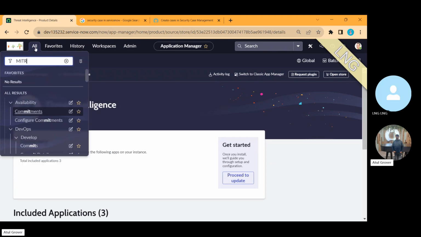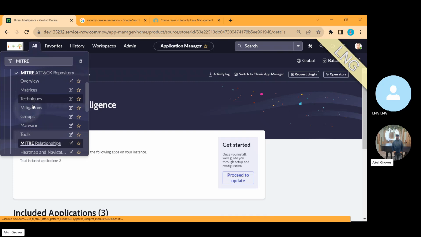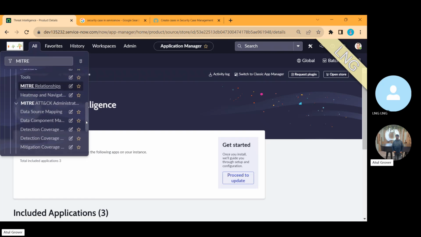MITRE. You can see we have to do every step. We have to define the techniques, the mitigations, the groups, and the tool. Only then will it work. Data sourcing, detection component: this is what we have to define when we are configuring or implementing this.